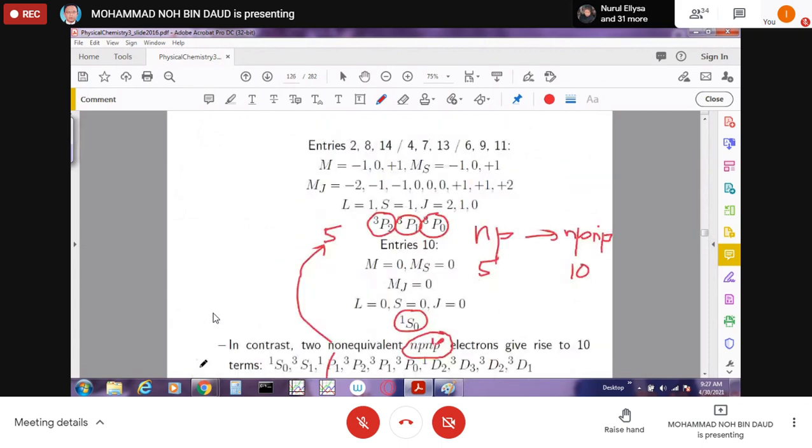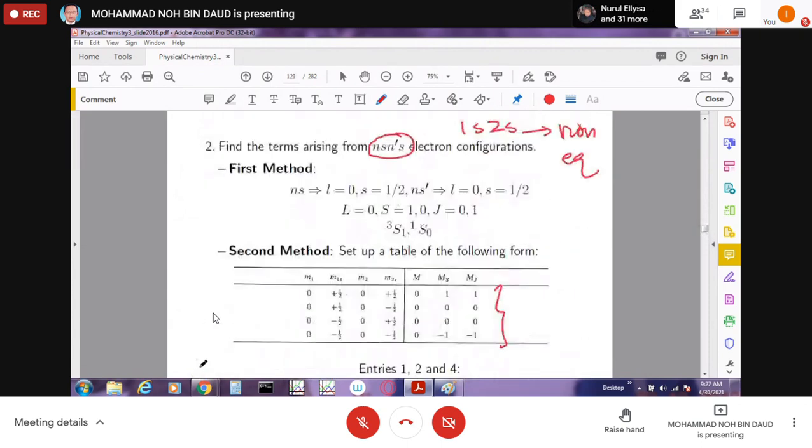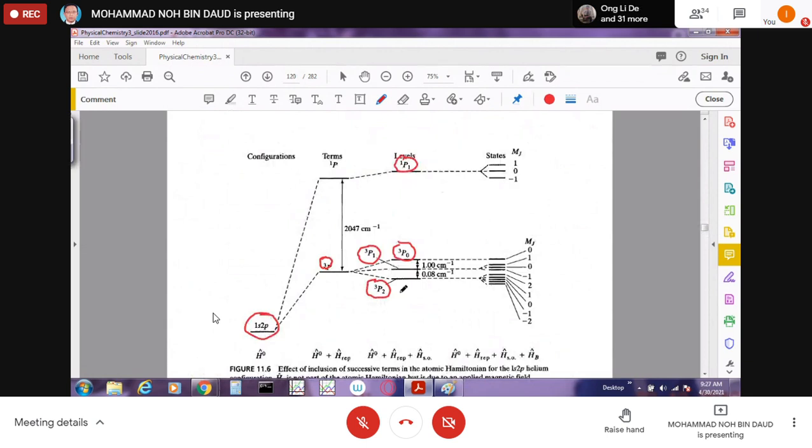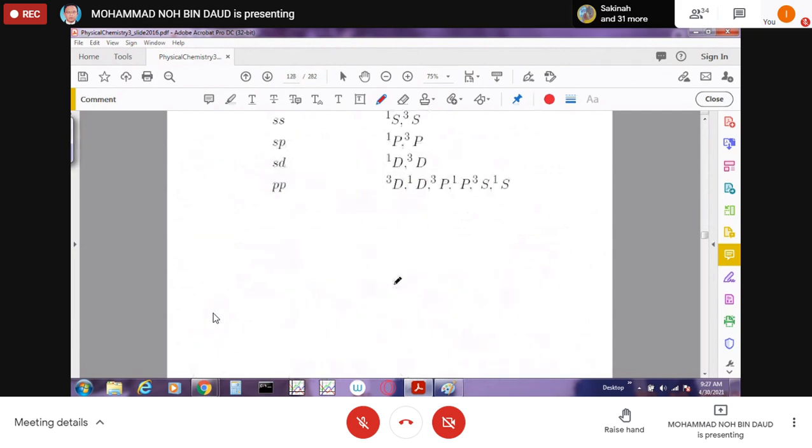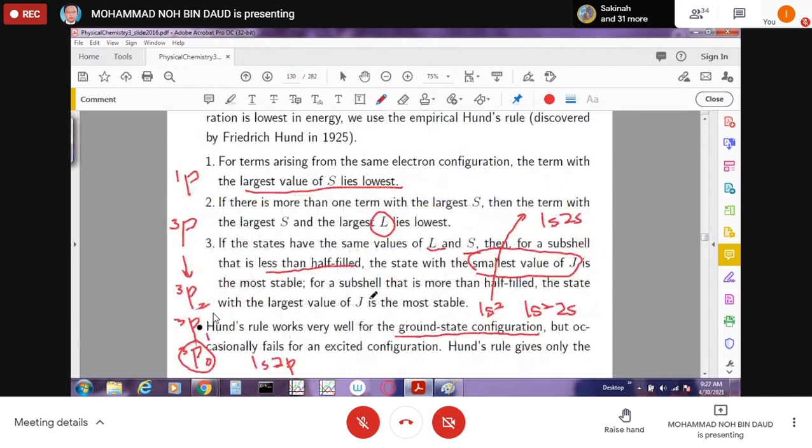But this is not the case here. We have triplet P2. The highest J lies lowest. So this third rule fails to explain that this triplet P2 is the lowest state.